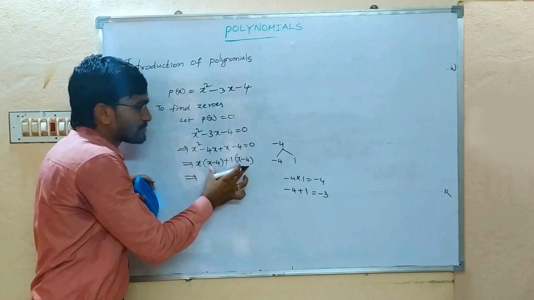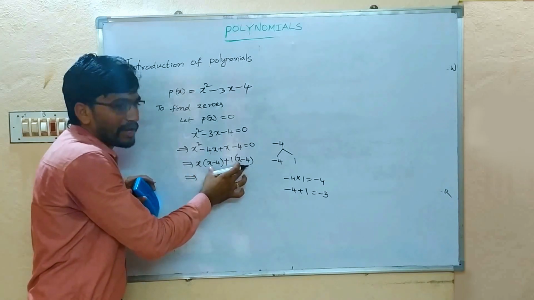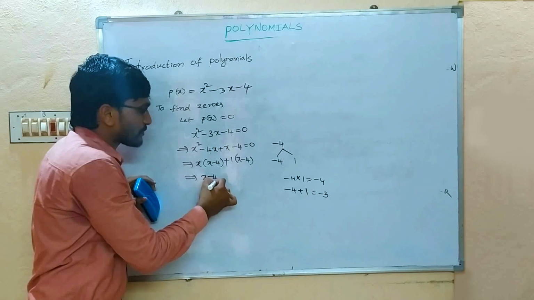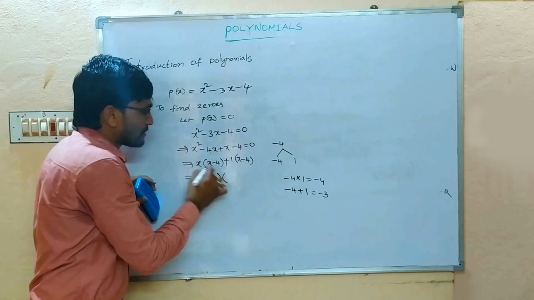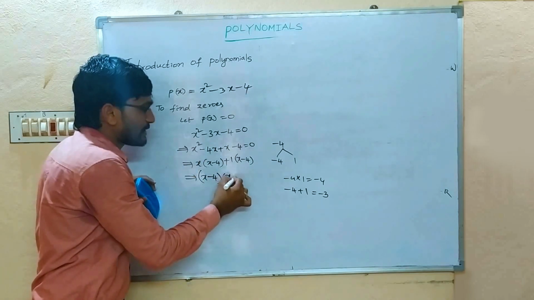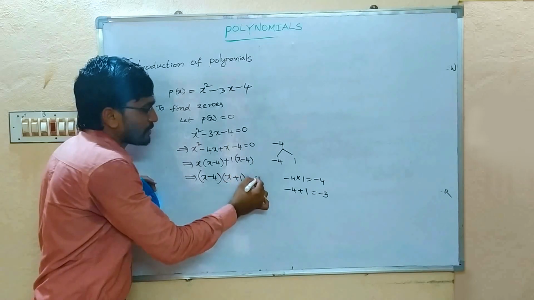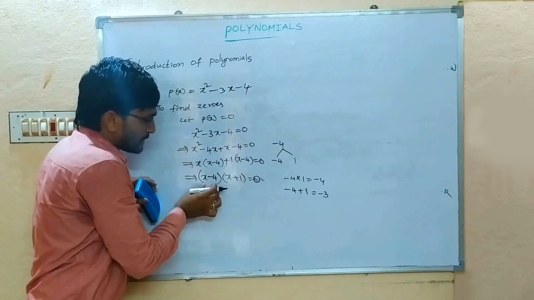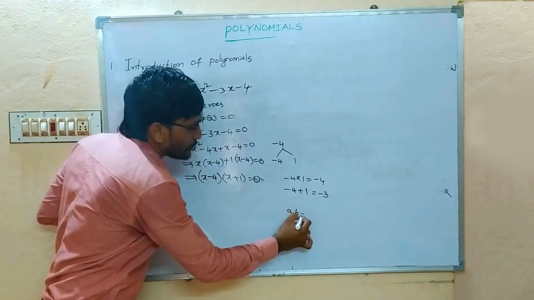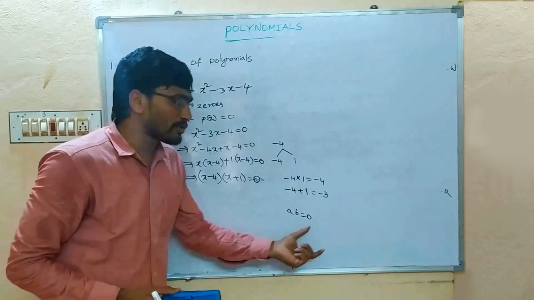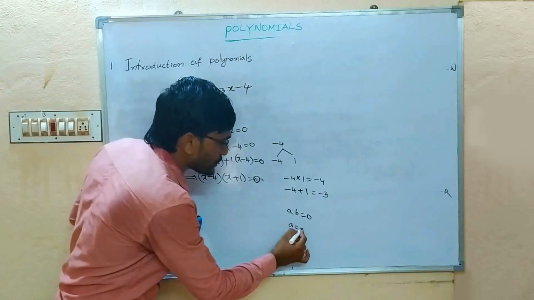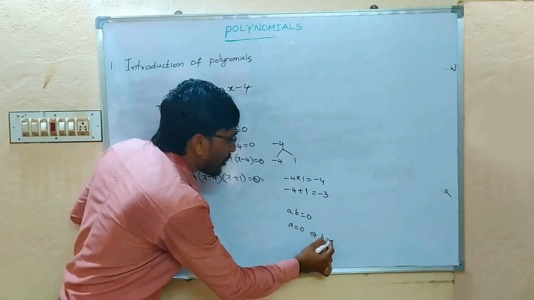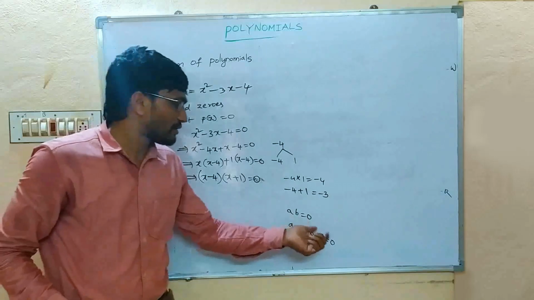In these two terms, the common value is x minus 4. So we get x minus 4 times x plus 1 equals 0. Now a into b equals 0 means either a equals 0 or b equals 0, or both equal 0. Then only it will become 0.